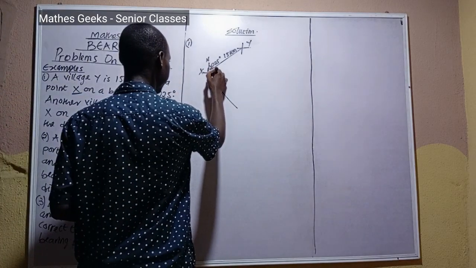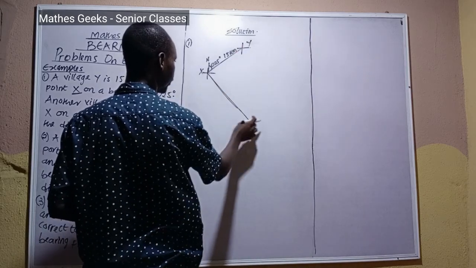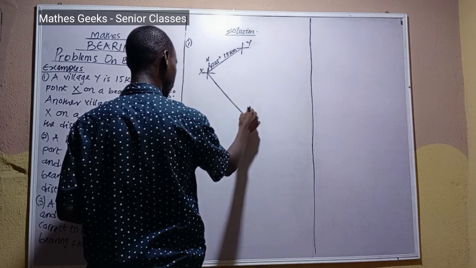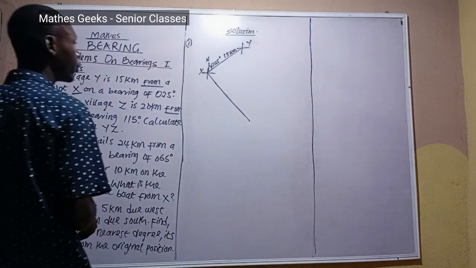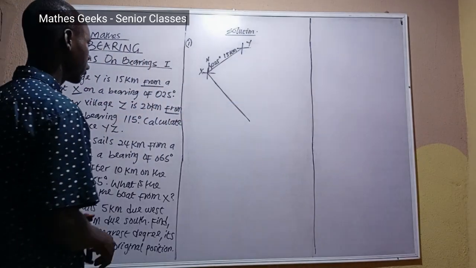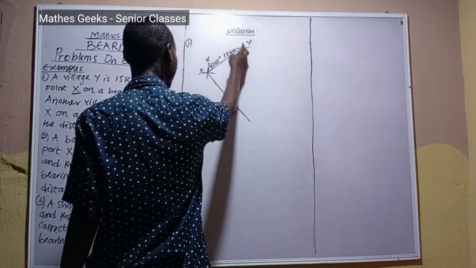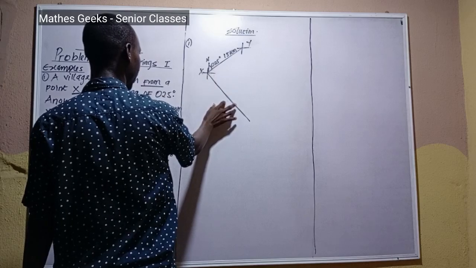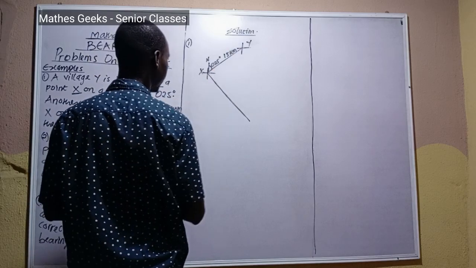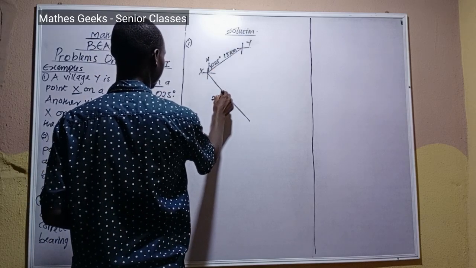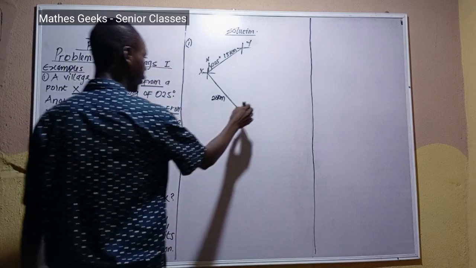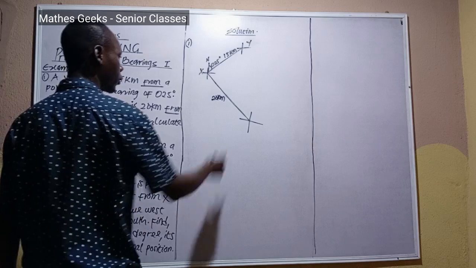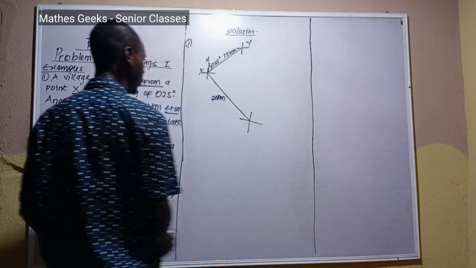So this line should be a bit longer than the other one, 20 kilometers to 15 kilometers, if you are to use technical drawing or construction to get these angles. Z naturally is going to fall in the second quadrant on your compass.